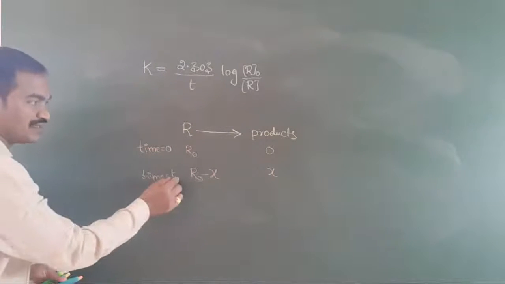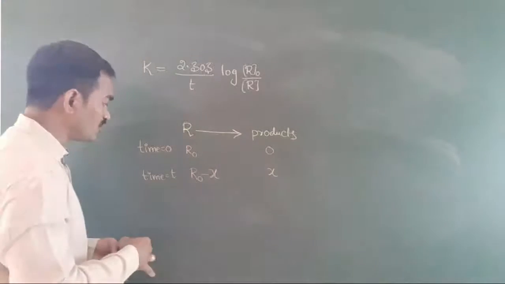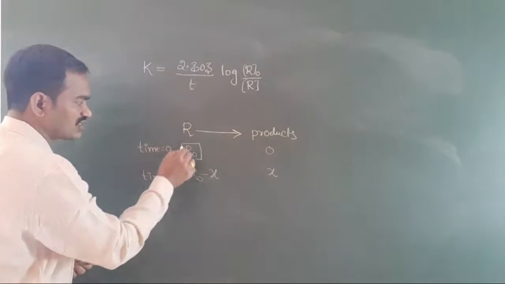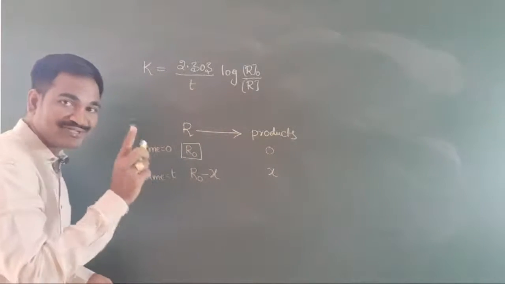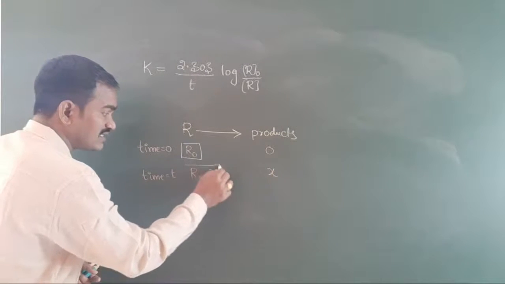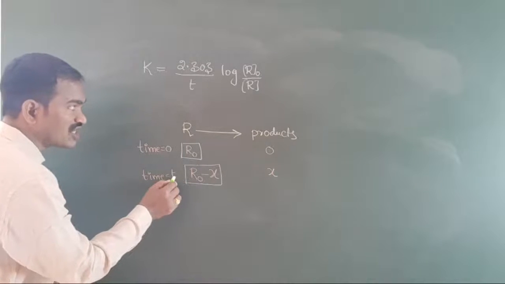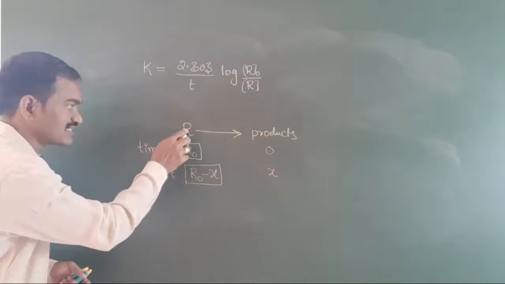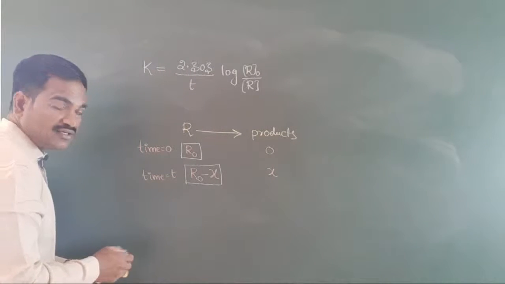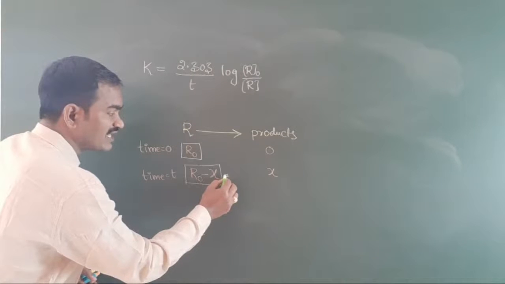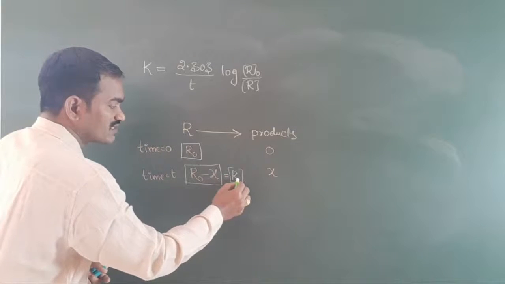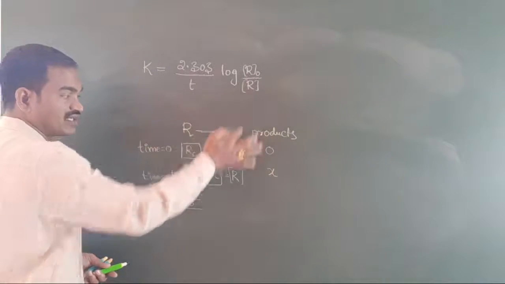Okay, after T time. Now what I want to explain to you is R naught is an initial concentration where time T is equal to 0. Here R naught minus X is equal to remaining concentration after T time of reactants. Is it clear? So now this one we can take as R, which is given in the reactants. Have you got it or not?